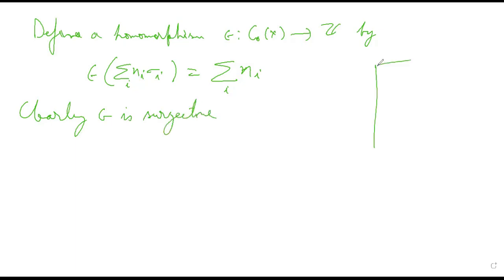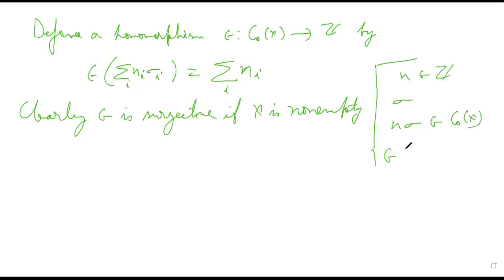So you can see that it is surjective if x is non-empty. Because if x is non-empty, then there is at least one 0 simplex, right? So suppose that is sigma, right? So for every n in Z, n sigma is an element of C naught x, right? And hence epsilon of n sigma is what? It is simply n, right?